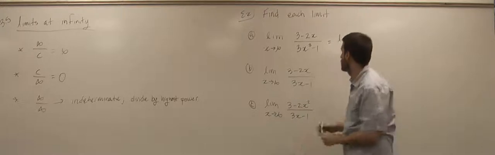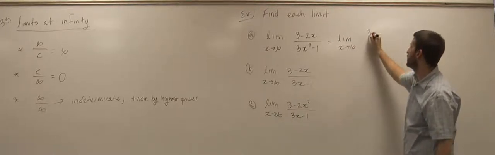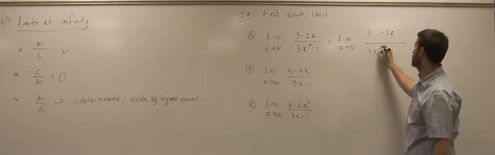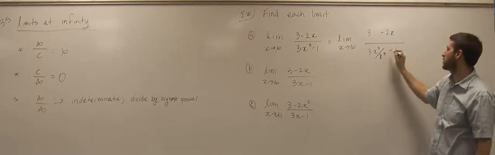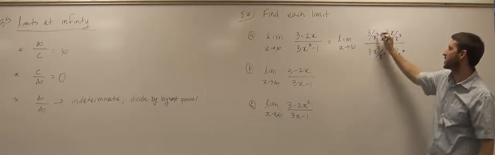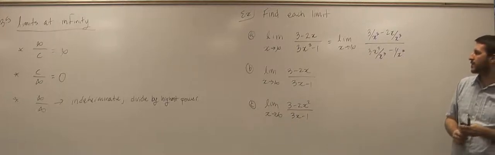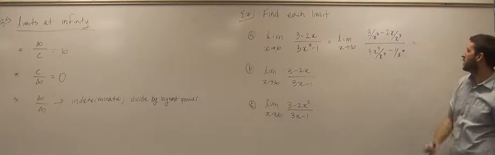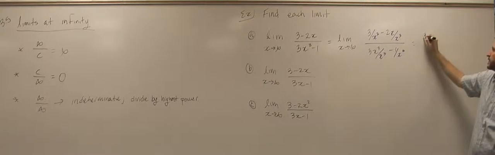So you do limit as x goes to infinity, 3 minus 2x over 3x cubed minus 1. But I'm going to take everything and divide it by x cubed. Since I did it to the top and the bottom, it doesn't actually change it. And then some of these simplify.